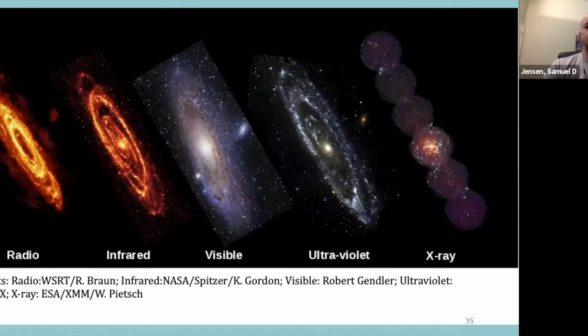Okay. Here's kind of a culmination of some of these spectrums of light for astronomy. By looking at things in space in different parts of the wavelength, we get different kinds of information. We gather different pieces of data to better understand the universe around us.